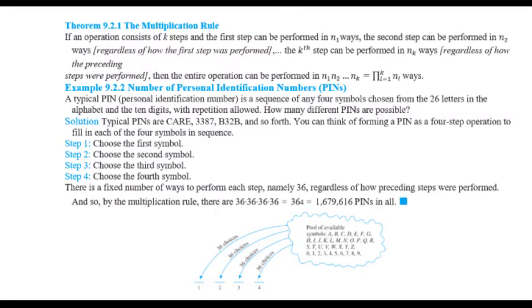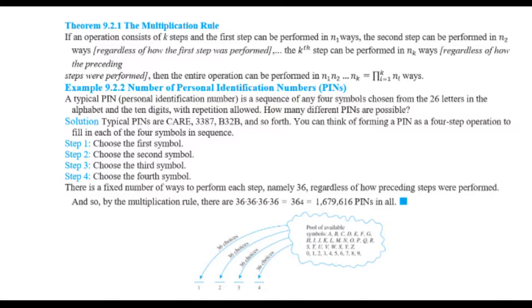Okay, so here is the multiplication rule. If an operation consists of k steps and the first step can be performed in n sub 1 ways, then the second step can be done in n sub 2 ways, regardless of how the first step was performed, and all the way to the kth step.